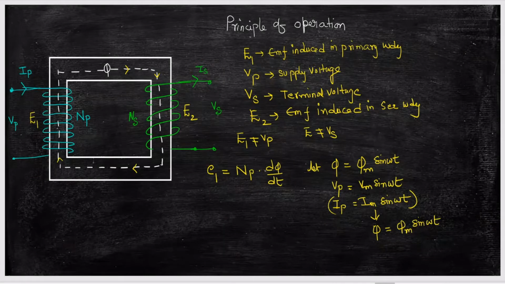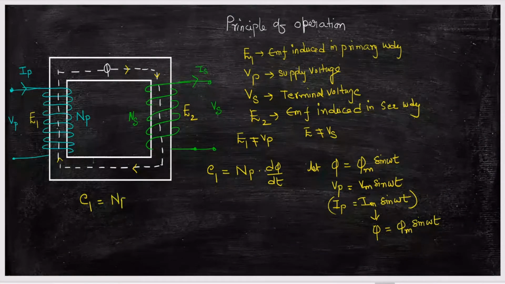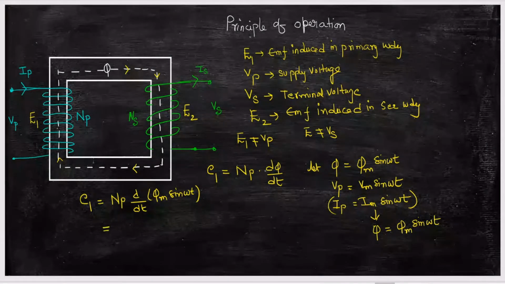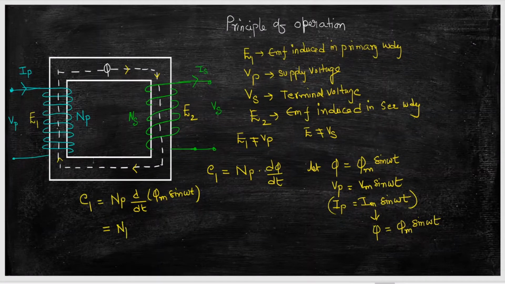Now if I substitute this phi in this equation, E1 is equal to NP into d by dt of phi m sin omega t. Phi m is constant, so bring it outside.